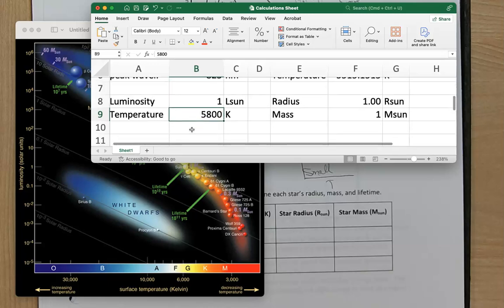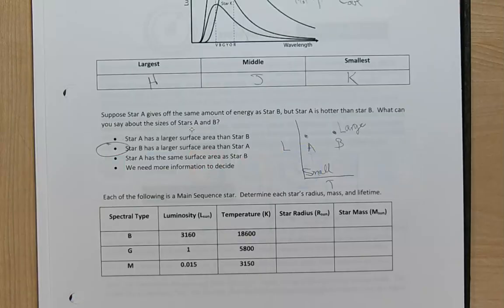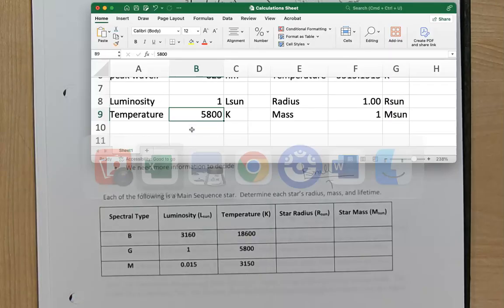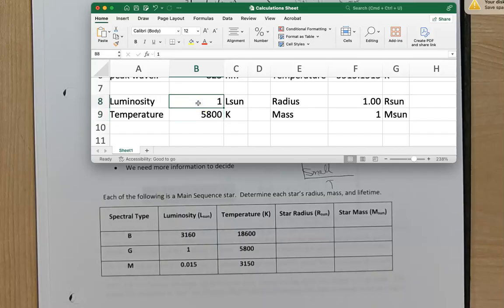Okay, how about what's the luminosity, or the mass? No, sorry, luminosity. Luminosity is 0.015 solar luminosities and a temperature of 3,150 Kelvin.